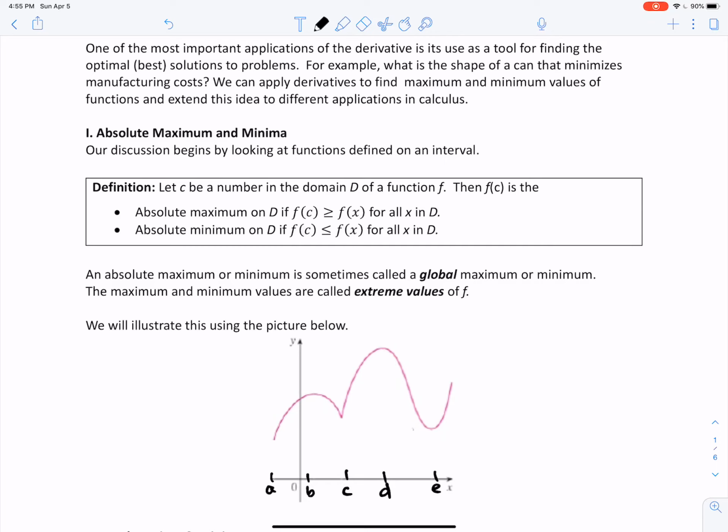So now the function f has an absolute maximum at d, so this is the absolute maximum, and it has an absolute minimum at point a. Note that the point (d, f(d)) is the highest point on the graph, and the point (a, f(a)) is the lowest point on the graph.